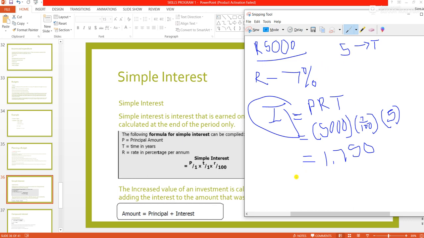So what we need to do is use this formula, where we take the principal amount that we have. In this instance, the principal amount is 5,000.